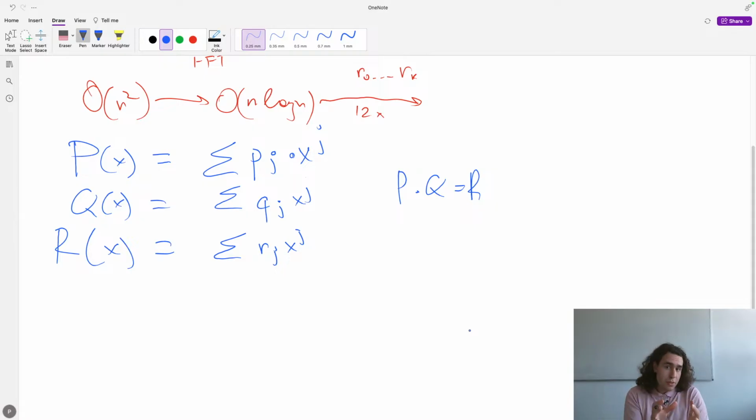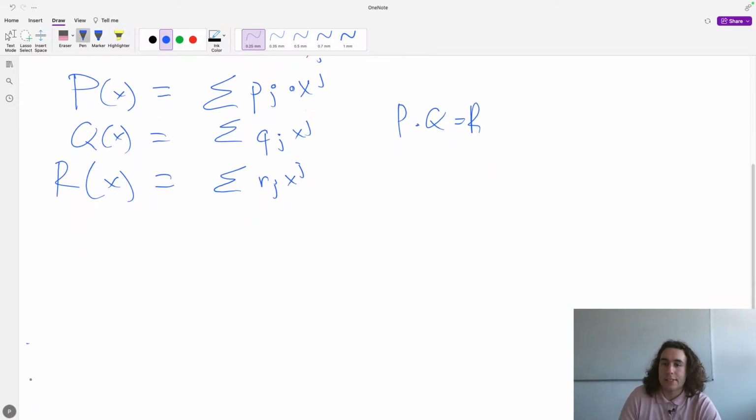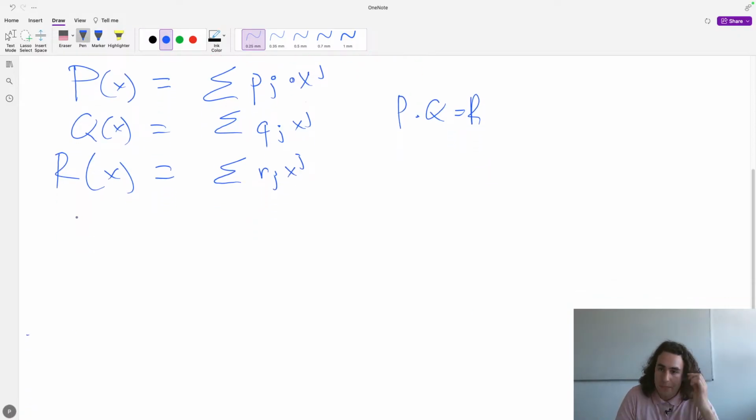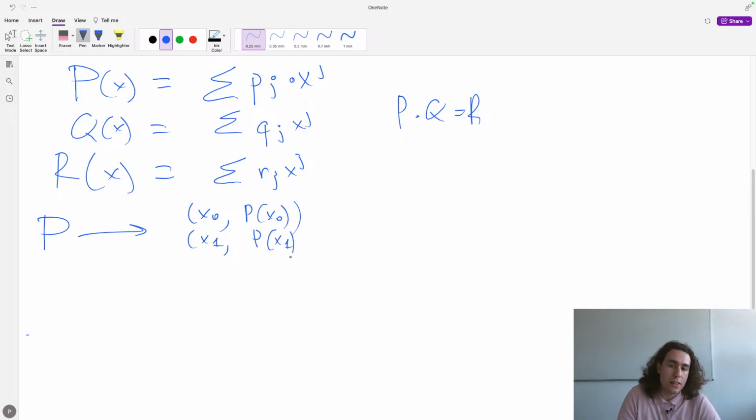The product of two polynomials, when they're given as coefficients, is kind of hard, so we're going to change the way we look at these polynomials. We're going to look at them as a bunch of samples. When I have a polynomial P, we think about it as having some number x0 and the value of P at point x0, then x1 and the value of P at point x1, and so on, right?